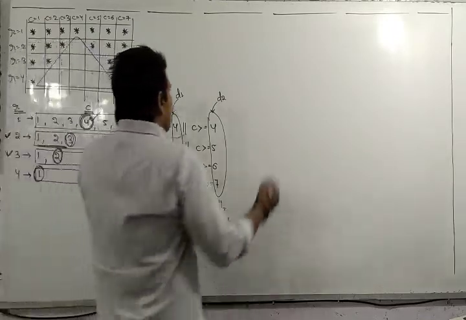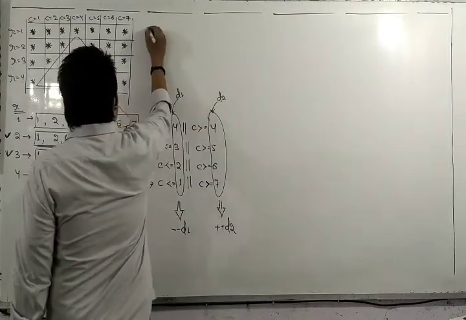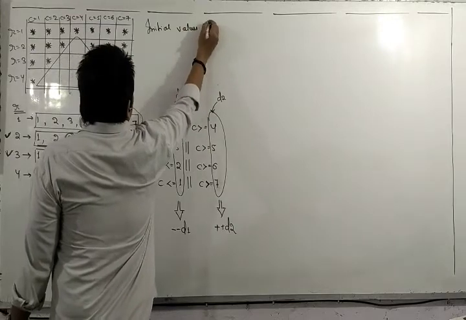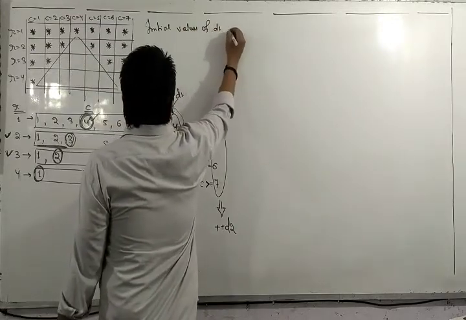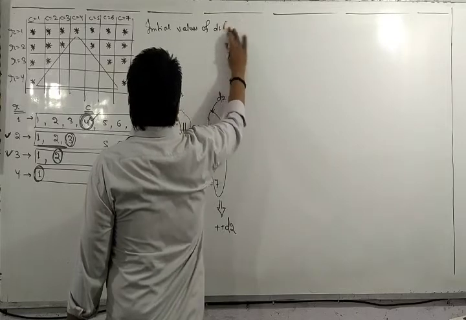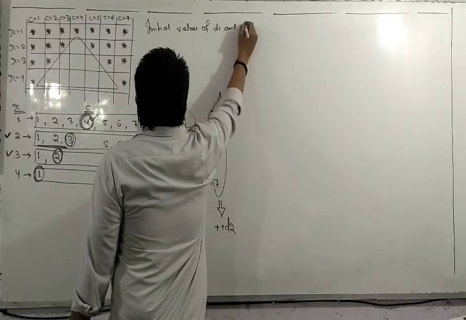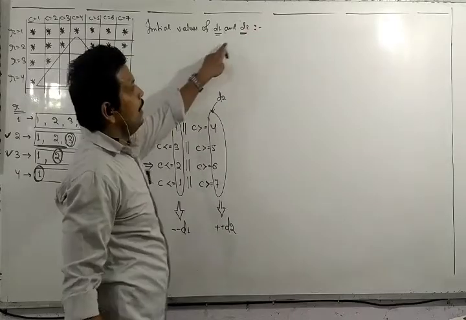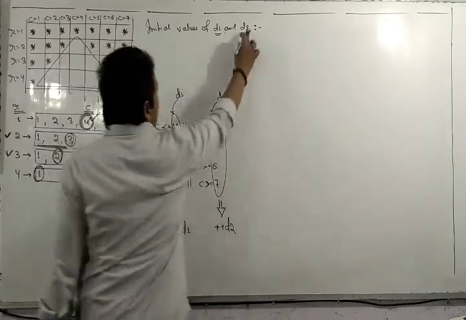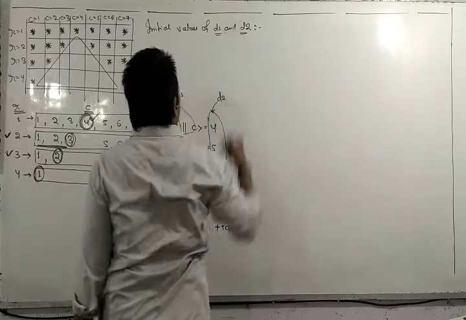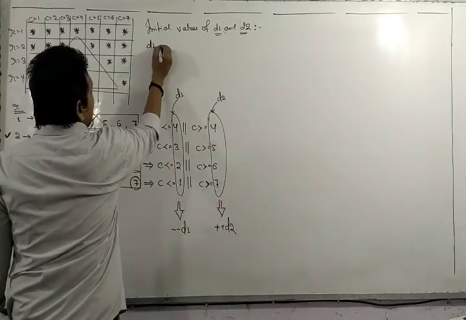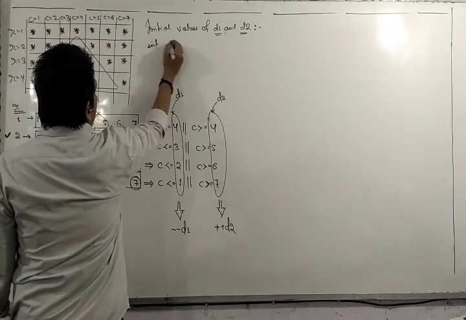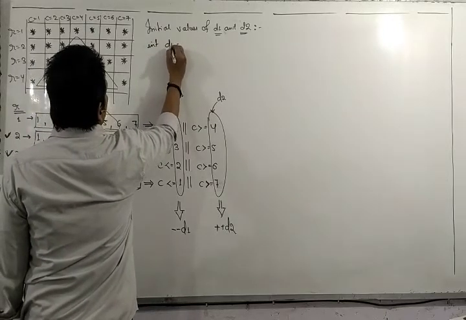So the initial values of d1 and d2. Initial value of d1 variable and d2 variable. Okay, so d1 should be what? int d1 is equal to what?